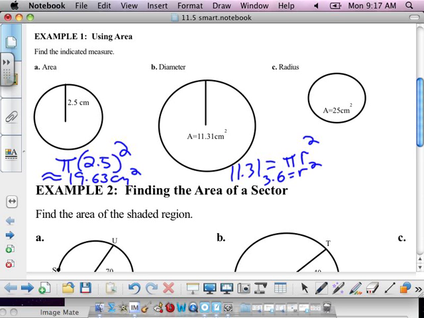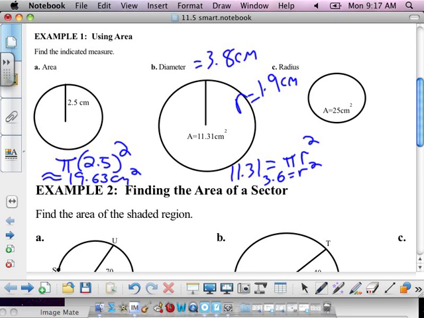And then I'm going to find the square root of that, and I get the radius equals 1.9 centimeters. But do I want the radius? So I take 1.9 and I times it by 2, and I get the diameter is 3.8 centimeters.